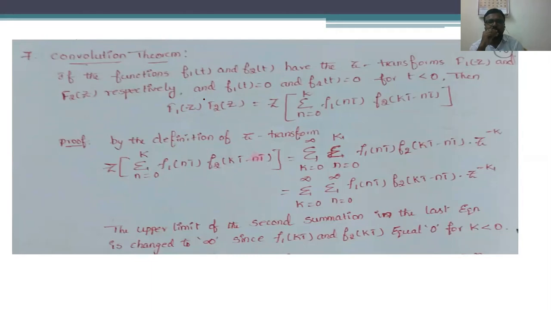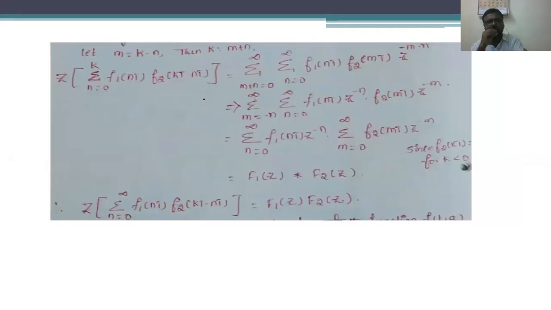That means f1 of kT and f2 of kT are equal to 0 when the k value is less than 0. Therefore, the final values change to sigma m plus n equal to 0 to infinity, which is nothing but sigma n equal to 0 to infinity f1 of nT into f2 of mT, and can be taken as two different functions.